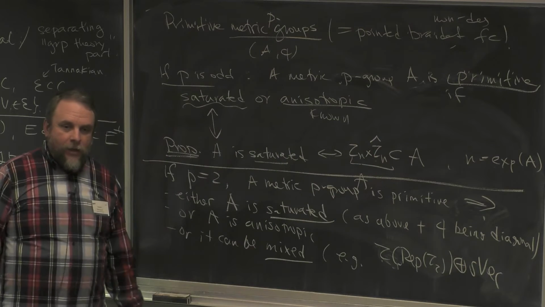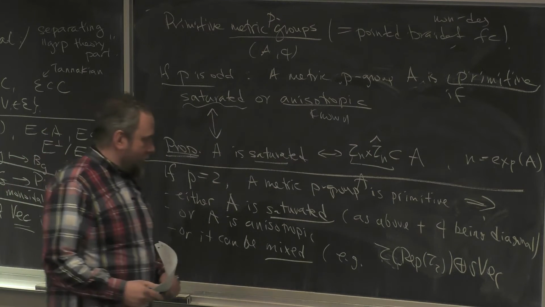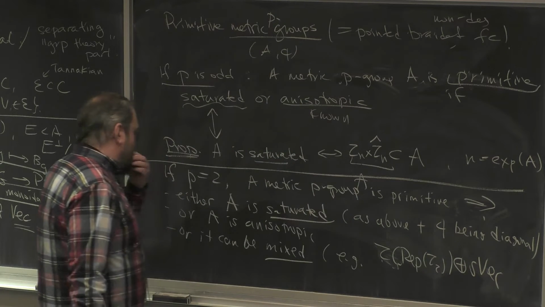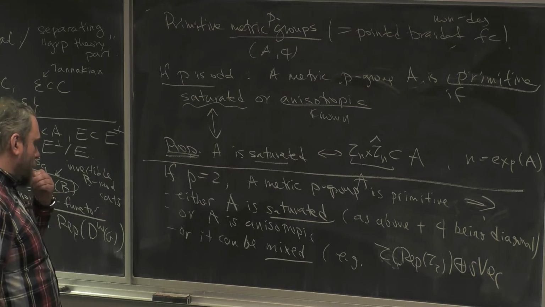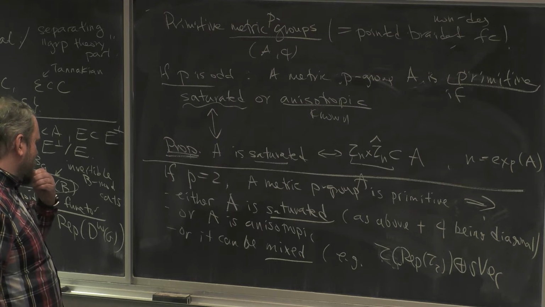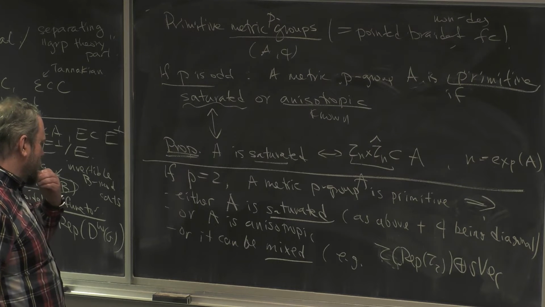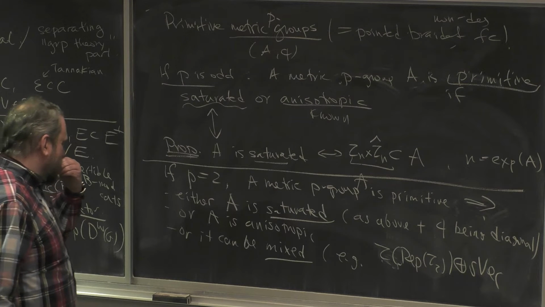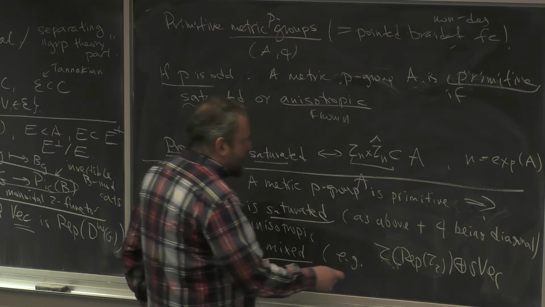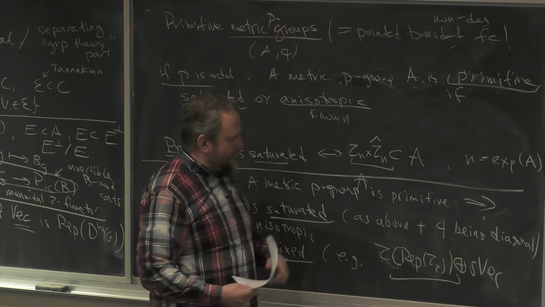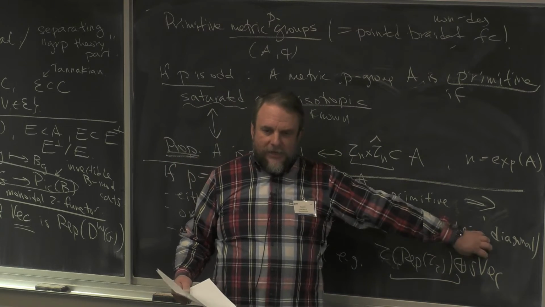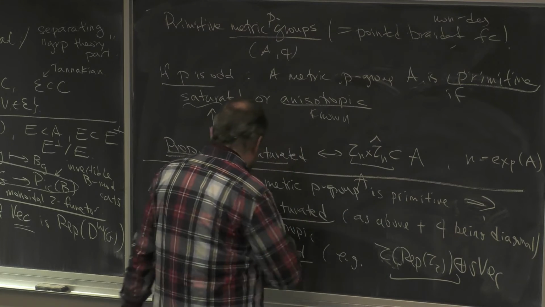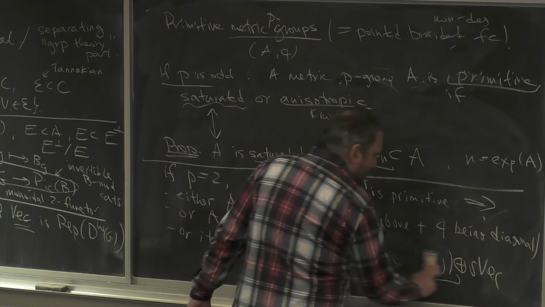So it's saturated, right? What I'm trying to say here. No, this one is saturated. Well, what I mean by this is that it would decompose in the sum of something saturated and something anisotropic, but not necessarily uniquely.